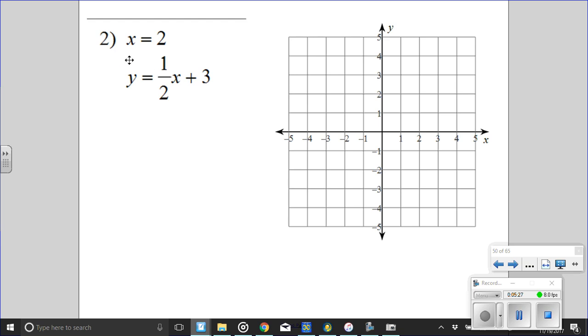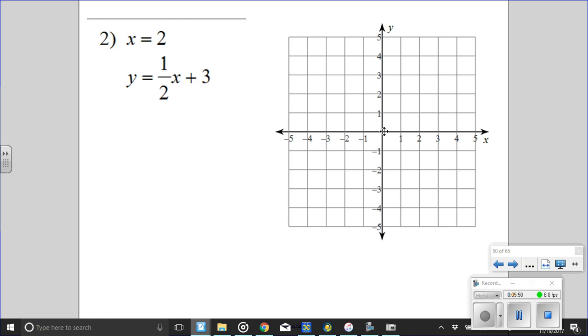So if you have x equals 2 or y equals 5 or something like that where there's no x involved, then what you want to do to graph it is go straight to your origin at 0, 0. If it's x, you'll go left or right, and if it's y, you'll go up and down, just like we always do.